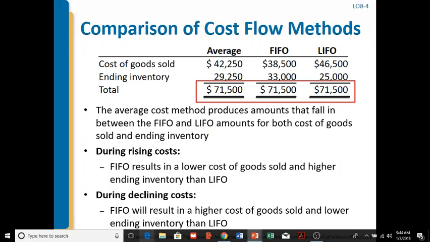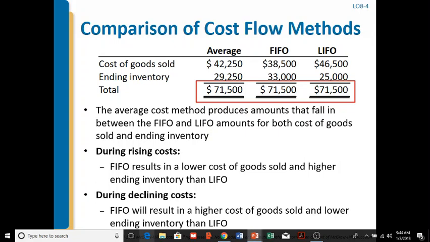And why is that? Well, it's because under FIFO, you're using the cheaper items as the items that are first sold, whereas with LIFO, you're using the last items purchased as items sold. And in times of rising prices, the last items purchased are going to be higher than the first items purchased.